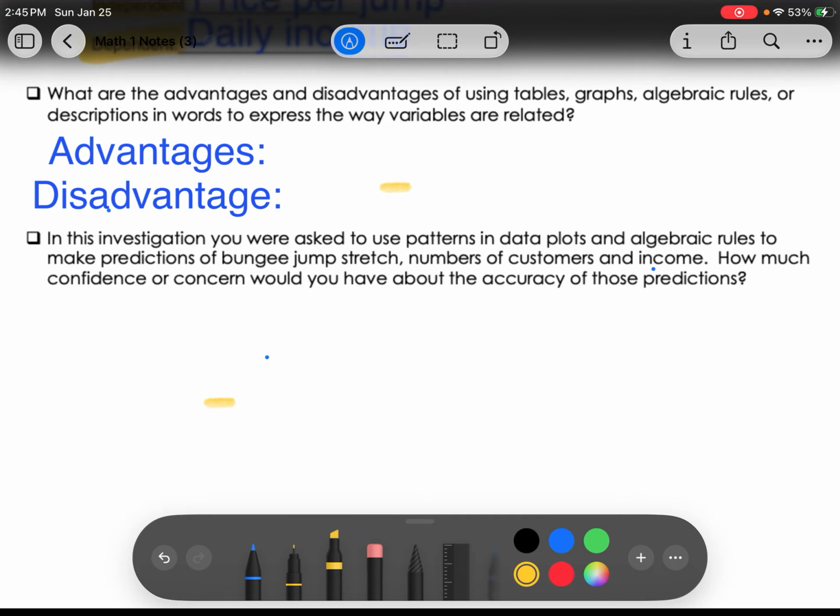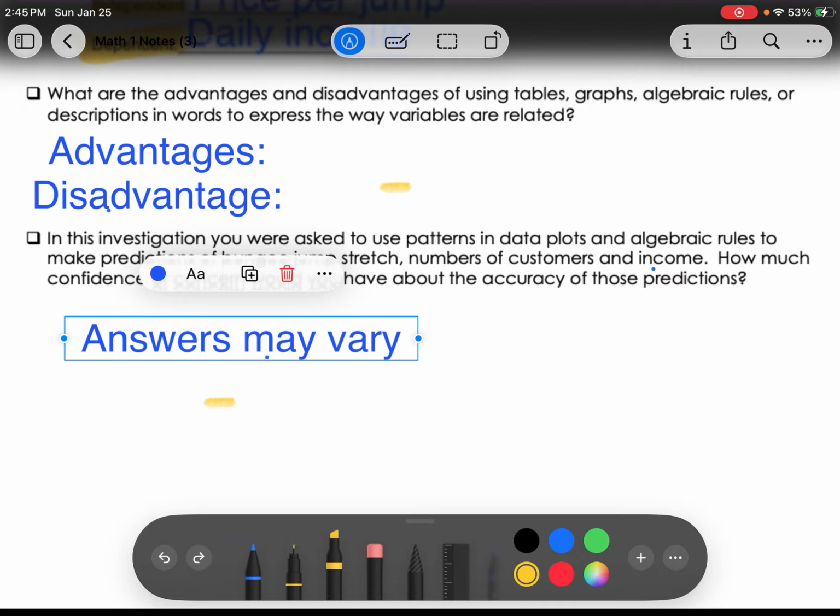Do you think this represents real life? Do you think there could have been any other issues or concerns about it? This isn't a me question, this is a you question. So again, answers may vary, because this was just a summary. I hope you guys had fun.